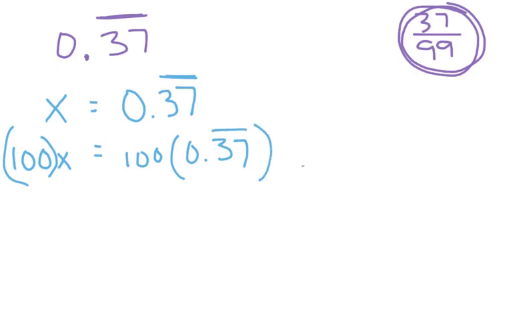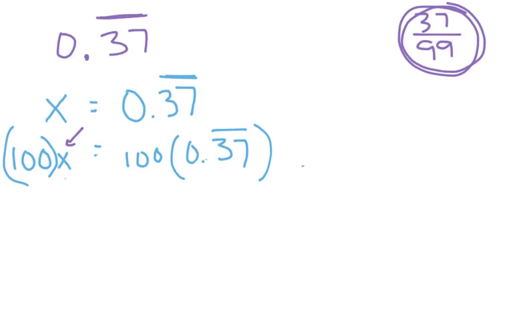Do you agree? They would be equal to each other because right now x equals 0.37 repeated. So it's essentially saying 100 times 0.37 repeated equals 100 times x. Do you agree with that? Okay. So let me erase all these little marks here. And these two sides are equivalent to each other.